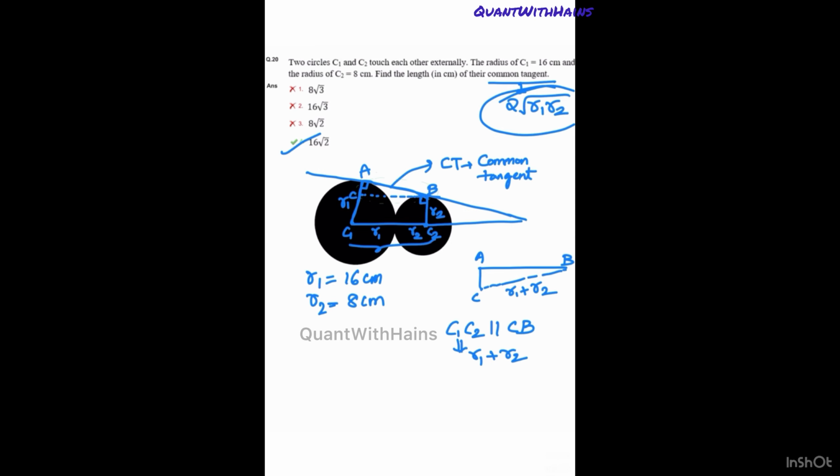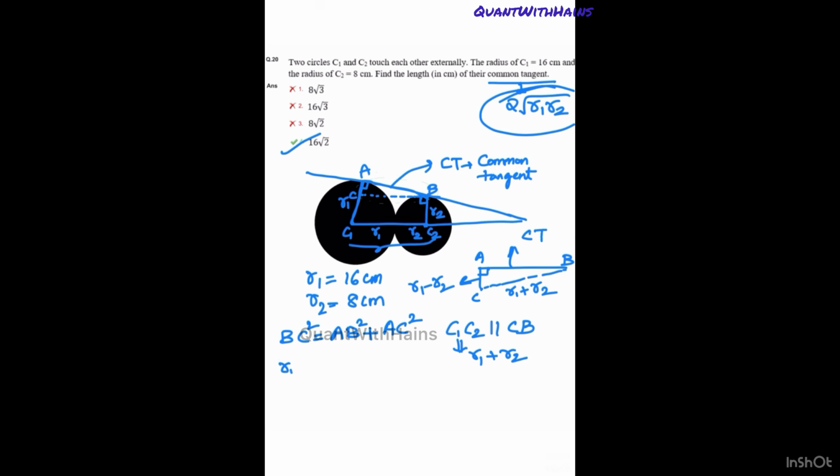Now if we look at this AC, we need to separate R2 from R1, that is R1 minus R2. Now we will apply hypotenuse square is side square plus side square. Hypotenuse square, BC square, equals AB square plus AC square. This AB is nothing but the common tangent, which is what we need to find out.